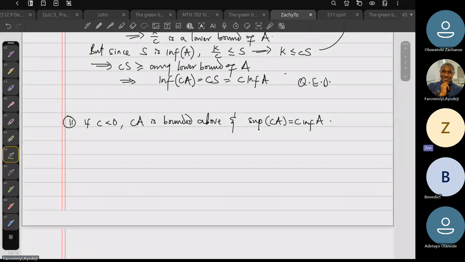Since A is bounded below, there exists an infimum of A. So let S be equal to the infimum of A.